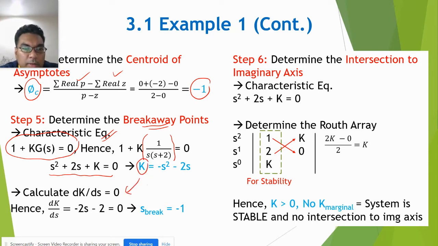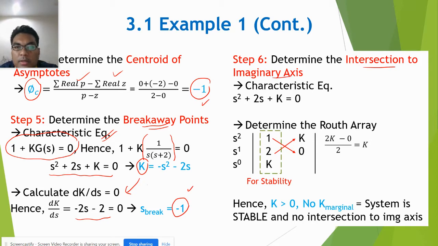By differentiating k with respect to s, you get minus 2s minus 2. Then, from this you can solve in terms of s. So this is s break, we get -1 here, which is the same value of breakaway points as the centroid of asymptotes. But in some cases, for a more complicated or higher order system, you will get a different value of s break and centroid.